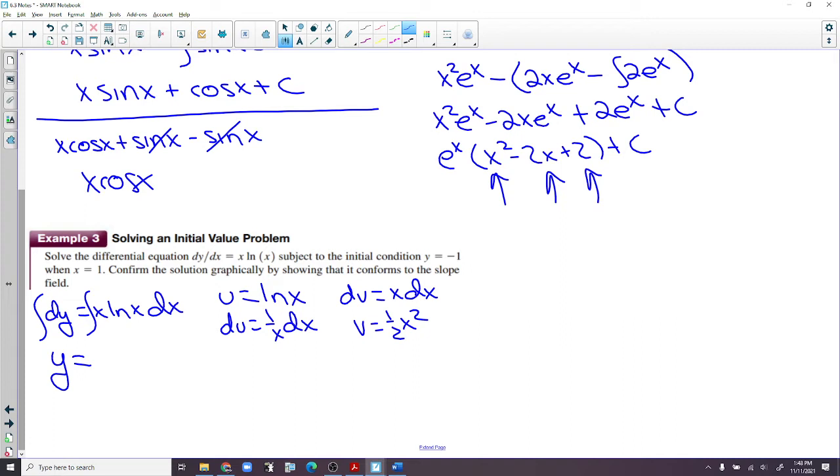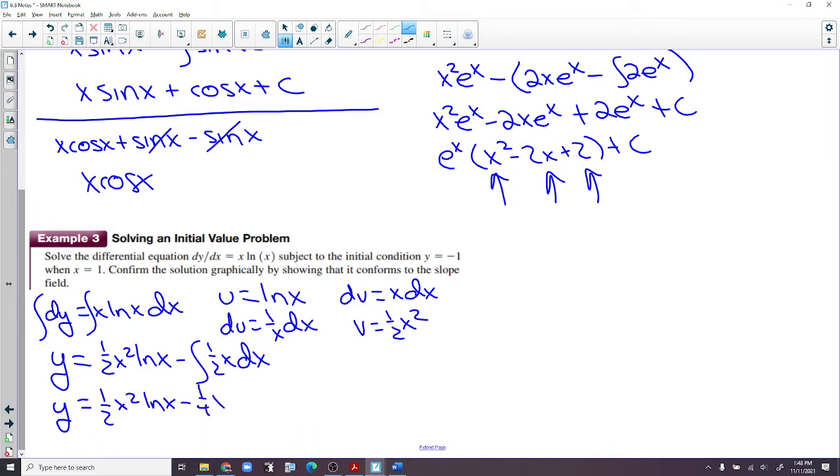So v is 1/2 x squared. The pattern is u times v, 1/2 x squared natural log of x, minus the integral of v du. Well, 1 over x times x squared is x, 1/2 x. Now we have something we could take the antiderivative of.